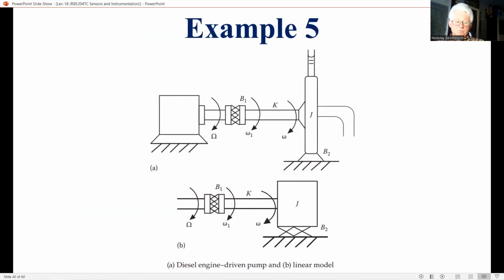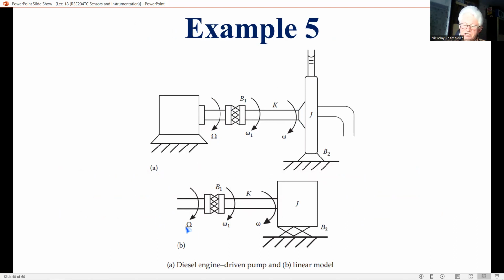The rigid output shaft here, in this example of a diesel engine prime mover, is running at a known angular velocity omega capital. It is connected through a friction clutch to a flexible shaft, which in turn drives a hydraulic pump. A linear model for this system is schematically shown in picture B on the bottom.